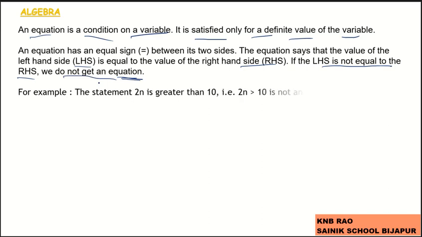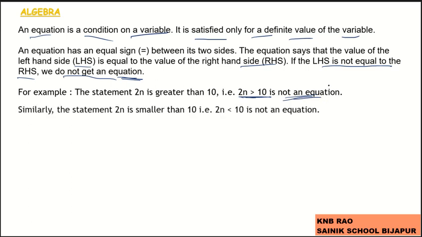For example, the statement 2n is greater than 10 is not an equation. Similarly, the statement 2n is smaller than 10 is also not an equation. Only 2n equals 10 is an equation.